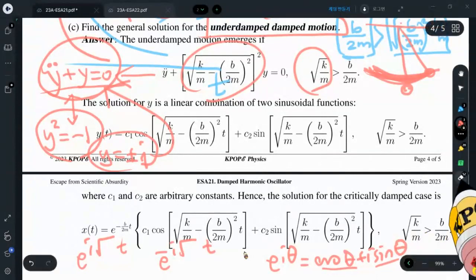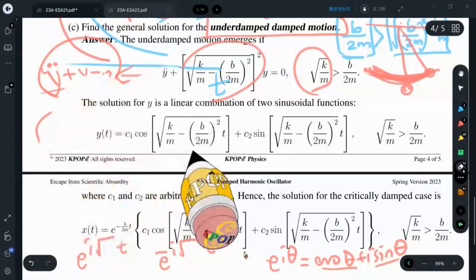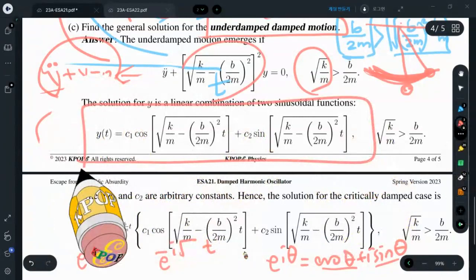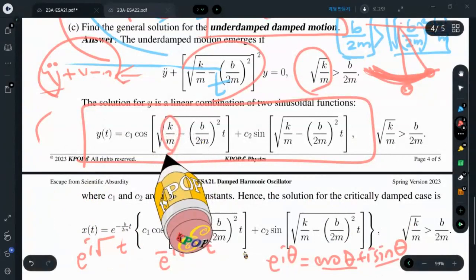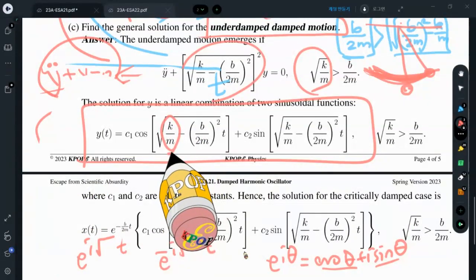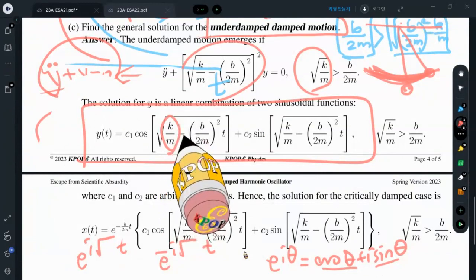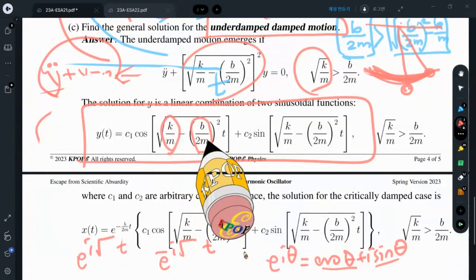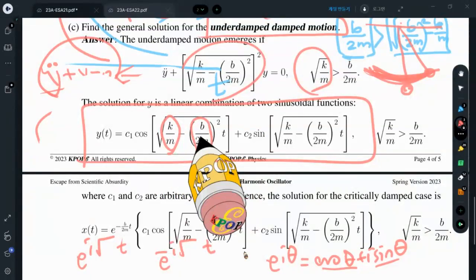So eventually the solution is the same as a harmonic oscillator, but it does not have the original oscillating frequency. Instead, the frequency has been shifted due to completing the square.